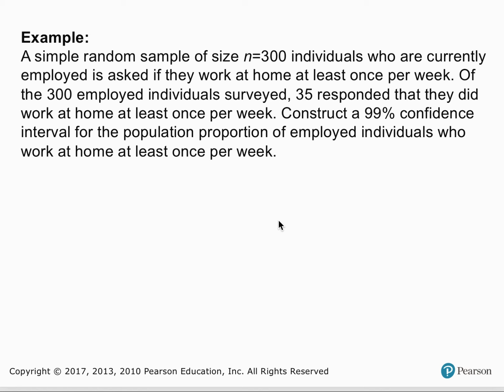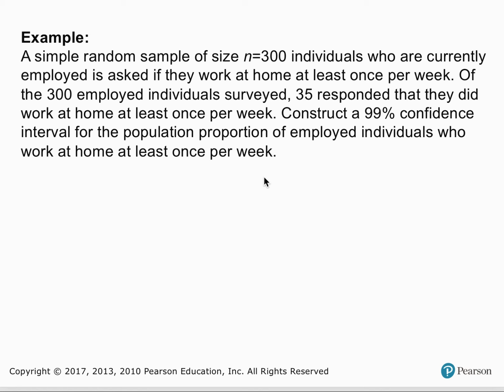Okay, so example. A simple random sample of size 300 individuals who are currently employed is asked if they work at home at least once per week. Of the 300 employed individuals surveyed, 35 responded that they did work at home at least once per week.